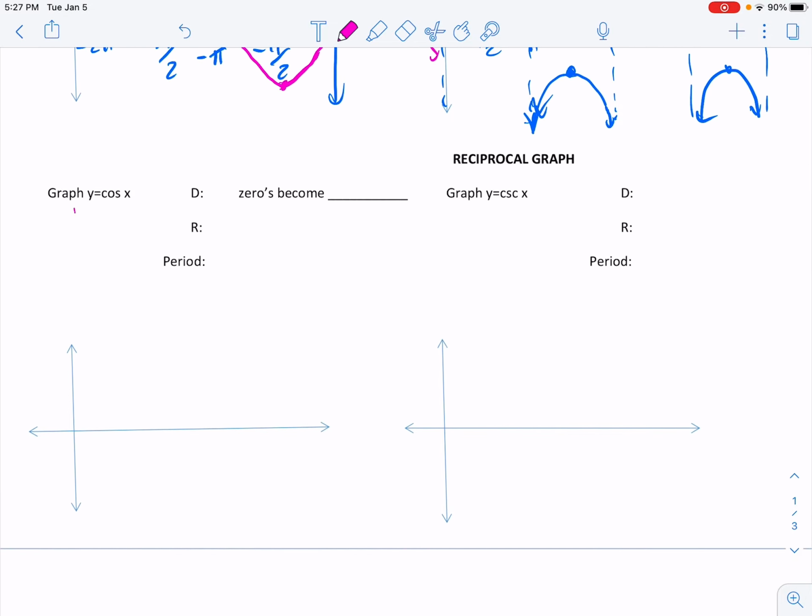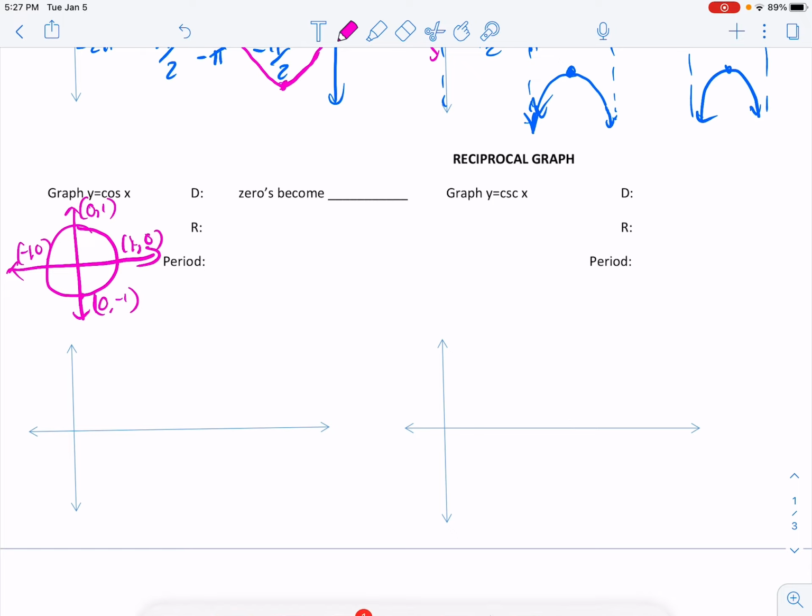Well, I'm going to draw my unit circle again. Because this time, we're worried about the x value. That's a 1. Let me clean that up. That's a 1. This is 0, 1. This is negative 1, 0. This is 0, negative 1.